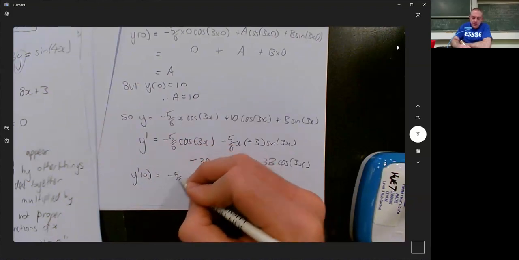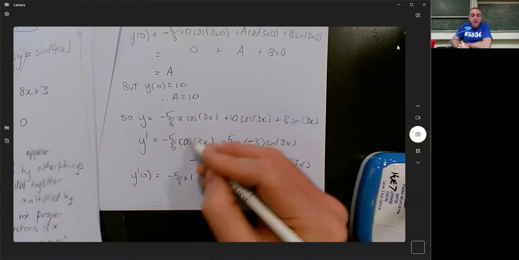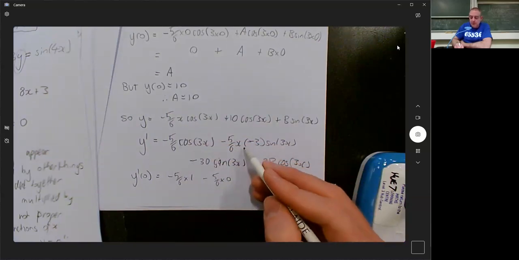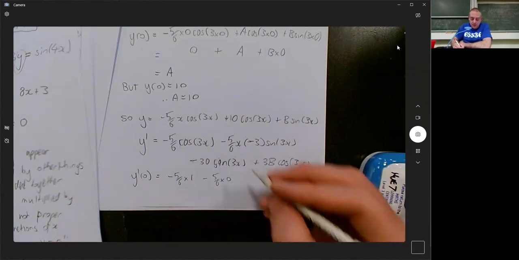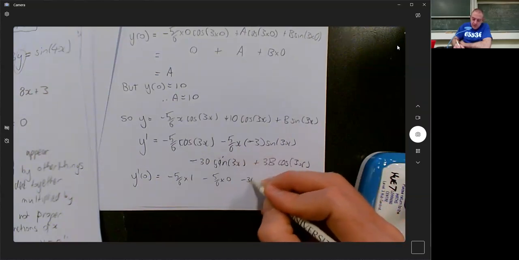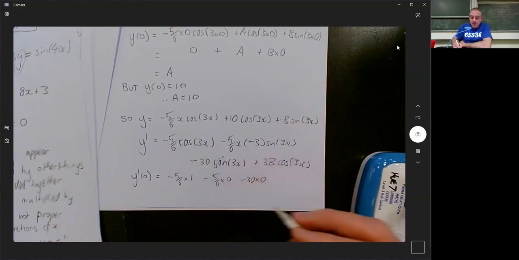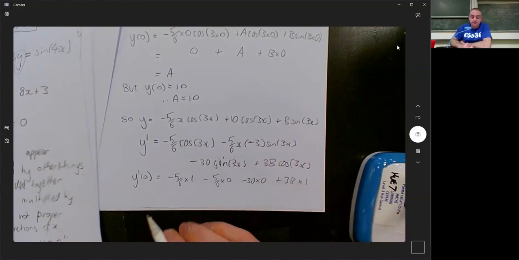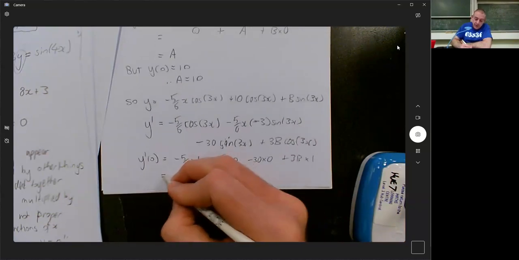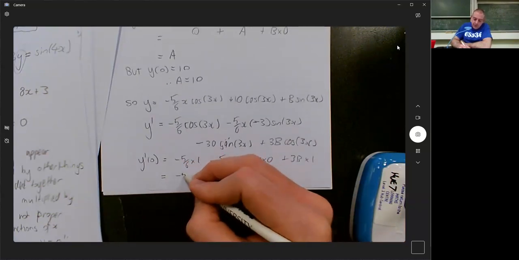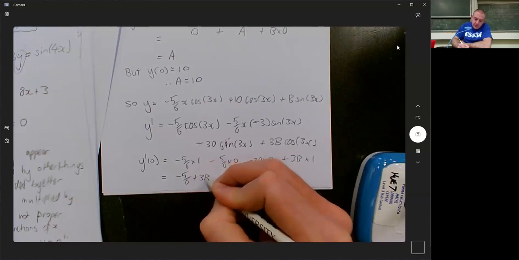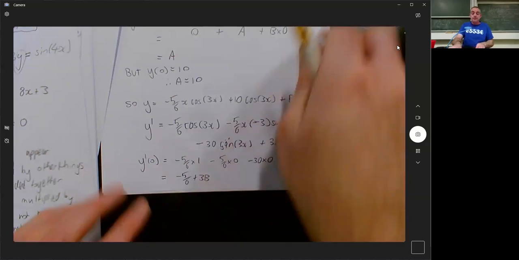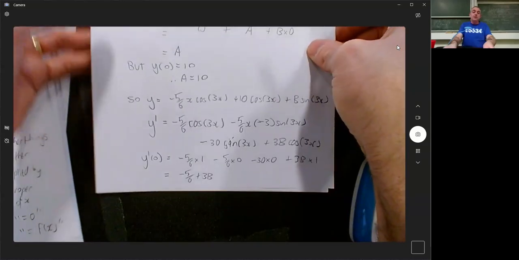We'll get minus 5/6 times cos of 0, which is 1, minus 5/6 times 0, times doesn't really matter what any of this stuff is, minus 30 times 0, because sine of 0 is 0, plus 3b times 1, because cos of 0 is 1. And so I get minus 5/6 plus 3b. And this is supposed to be equal to 3, because that's what we told ourselves earlier.